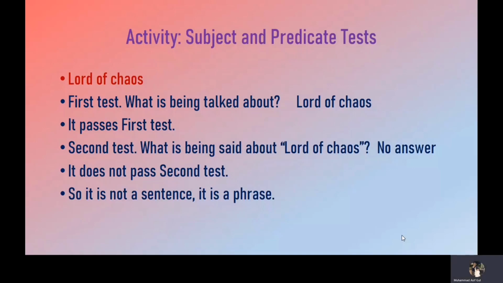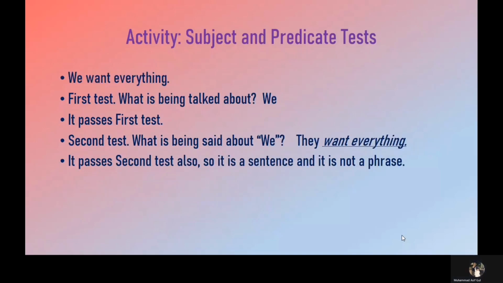For a title to be a sentence, it must pass both these tests, subject and predicate. But here, this title, Lord of Chaos, does not pass the second test, so it is not a sentence, it is a phrase.